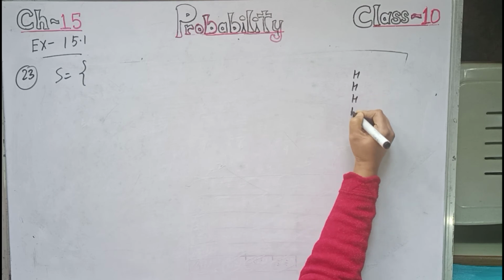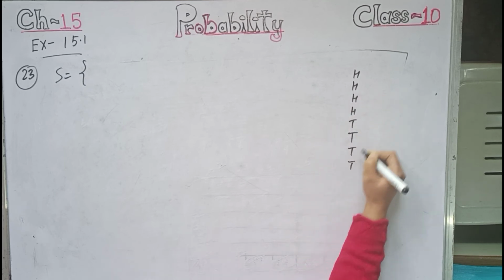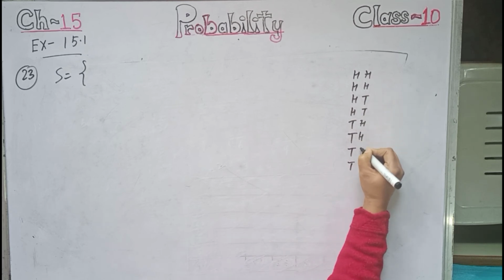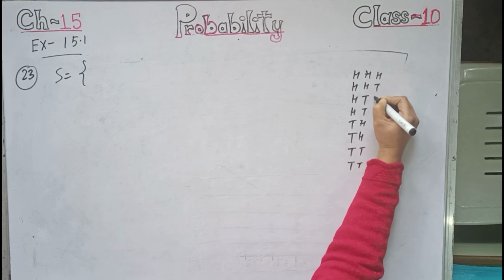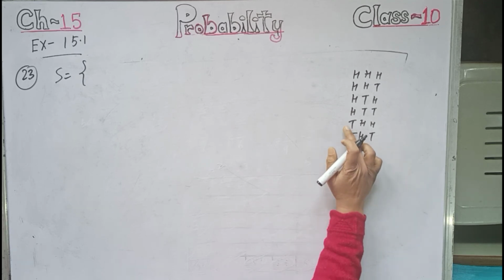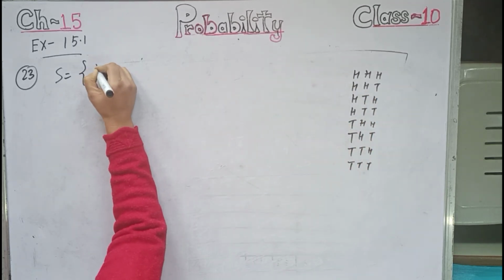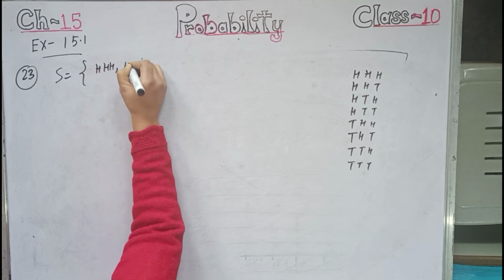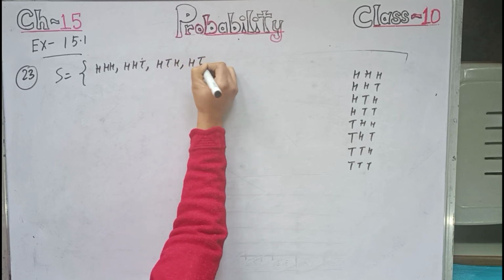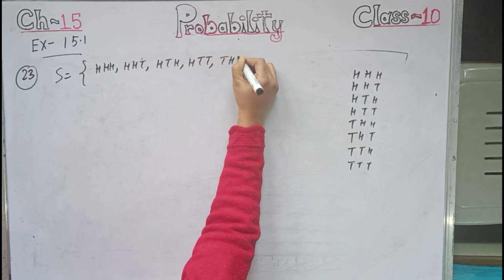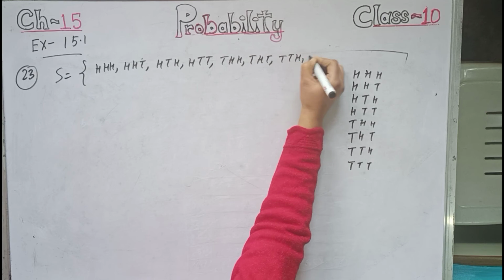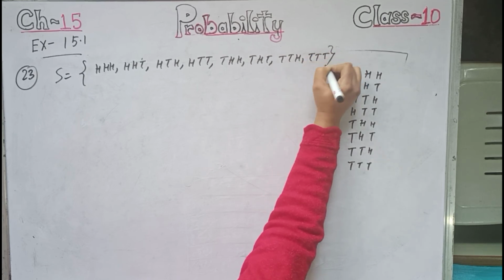H, H, H, H, T, T, T, T, H, H, T, T, H, H, T, T, then H, T, H, T, H, T, H, T. These are the options 1, 2, 3, 4, 5, 6, 7, 8. So we will write like this: H H H, H H T, H T H, H T T. In this way no observation will be missed or repeated. That's why I advise you to do this first and then write in order.